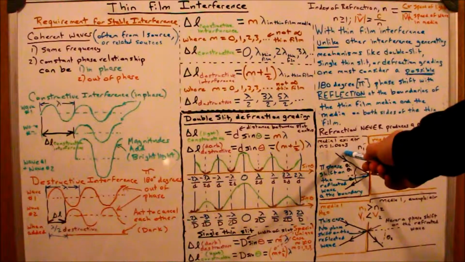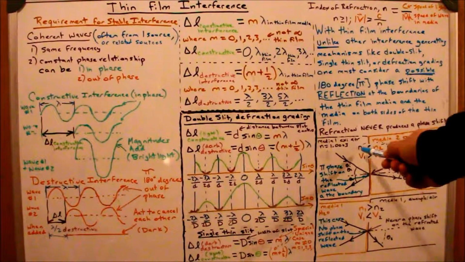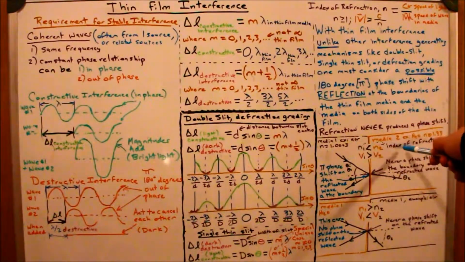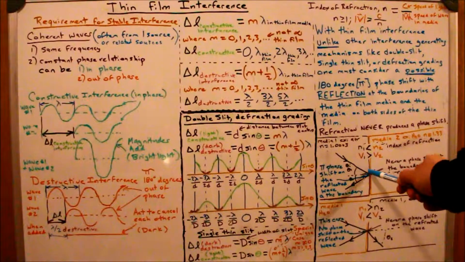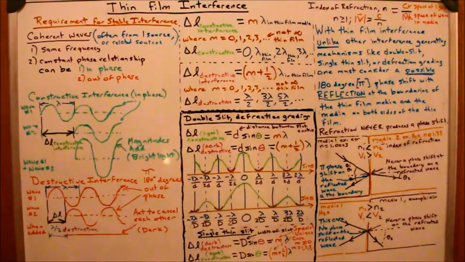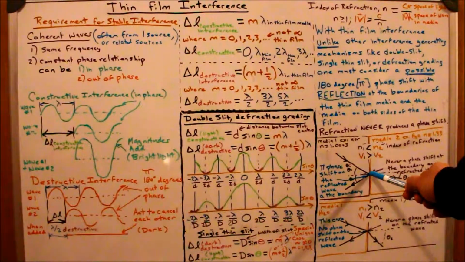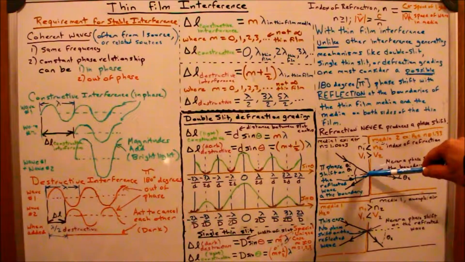the media it's in has a low index of refraction and it hits a media with a high index of refraction, for example going from air to glass or water, then this reflected wave has an immediate 180 degree, or pi, phase shift on the part that's reflected.